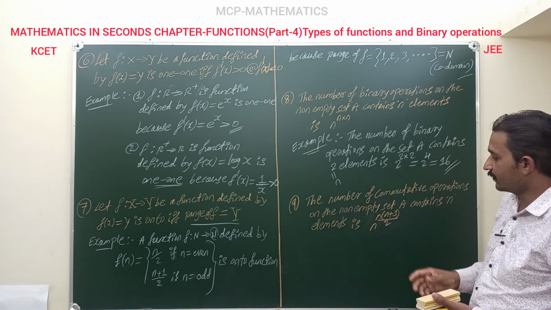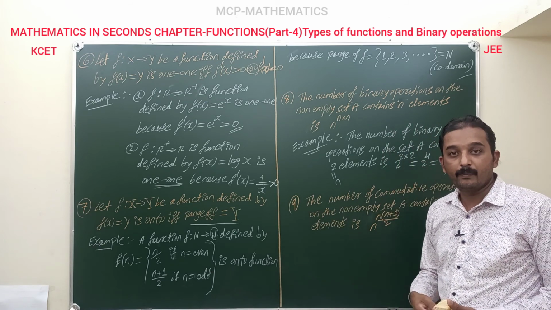So using this formula we have to find the number of commutative operations.